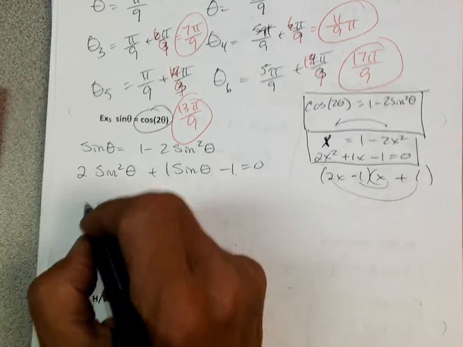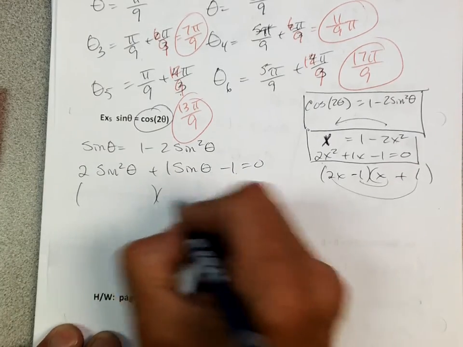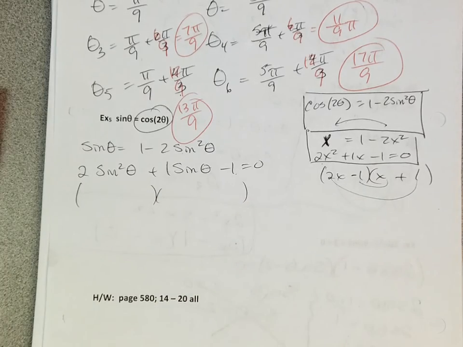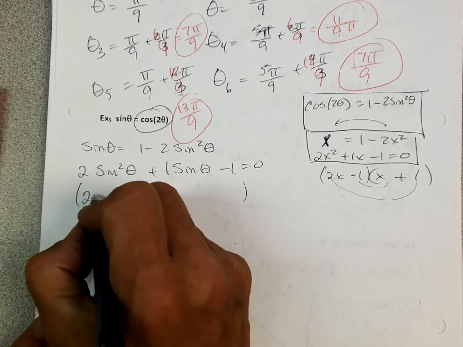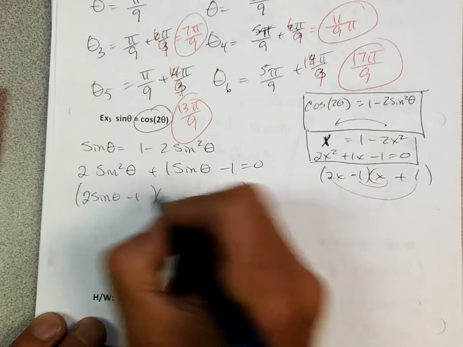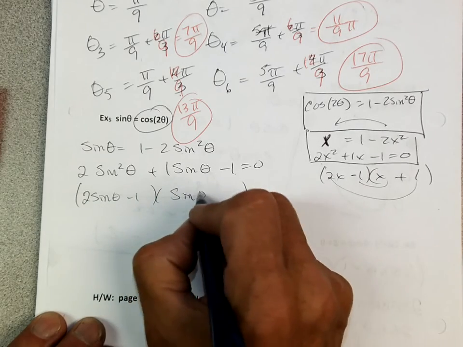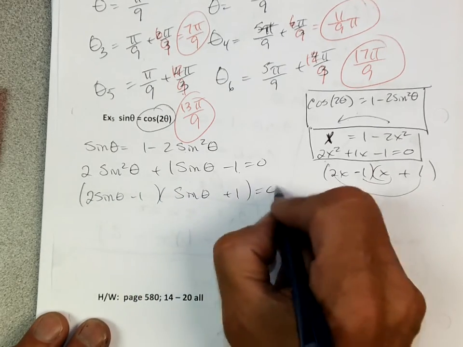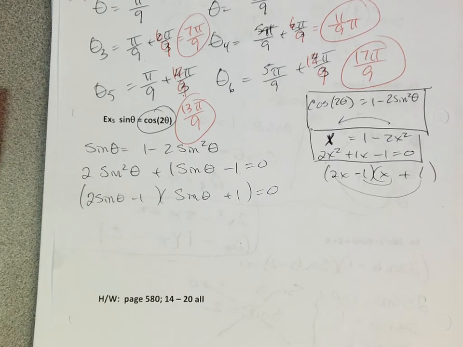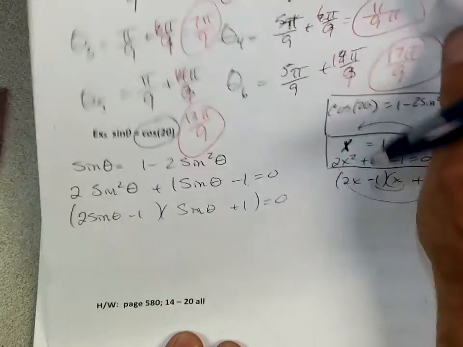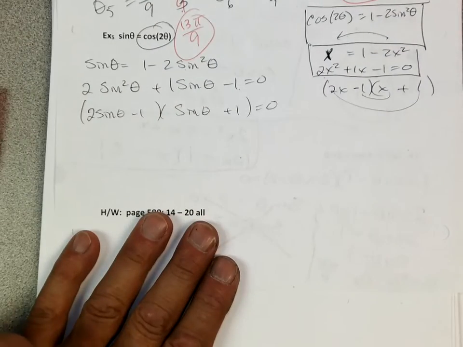So then, let's do the same thing here. No, I'm sorry. So really, I got a 2 sine theta minus 1 and a sine theta plus 1, right, equals 0. And then, am I going too fast?